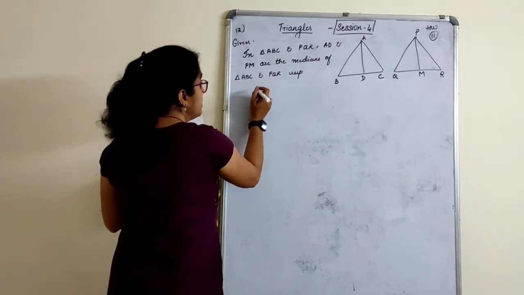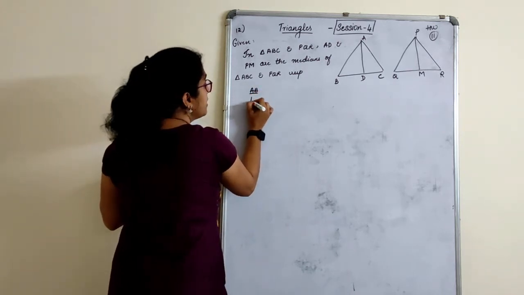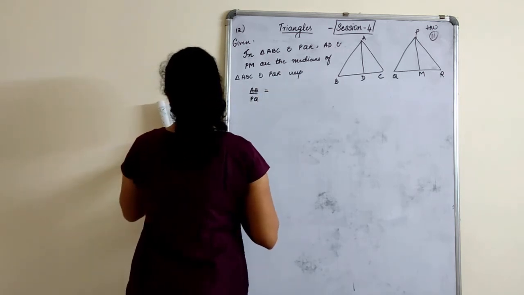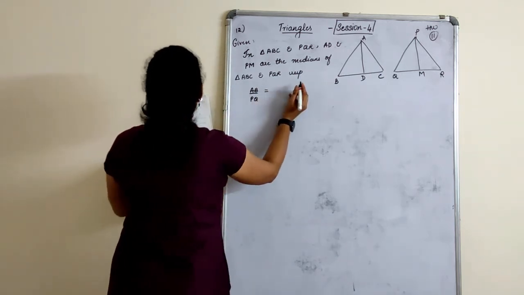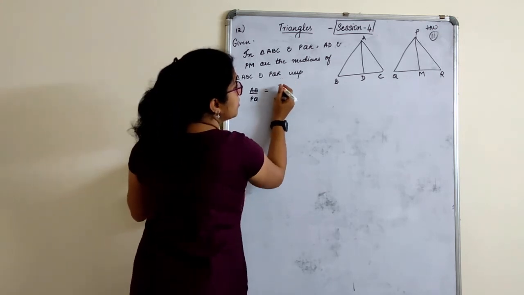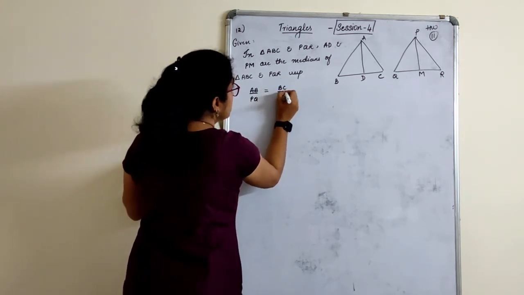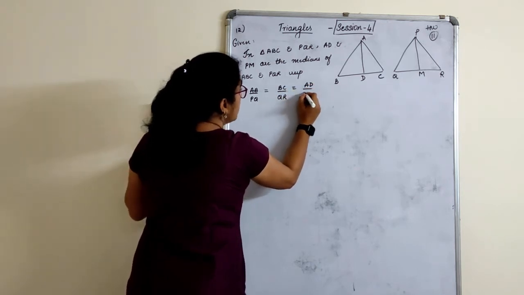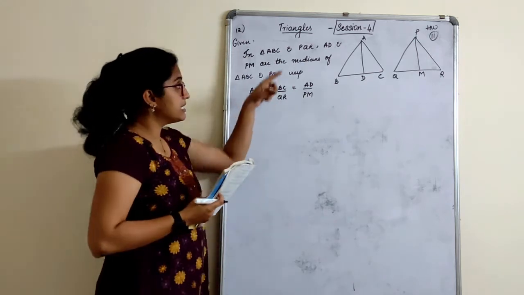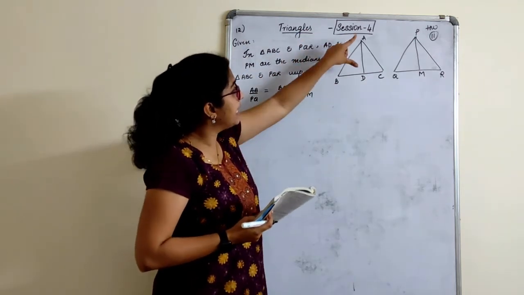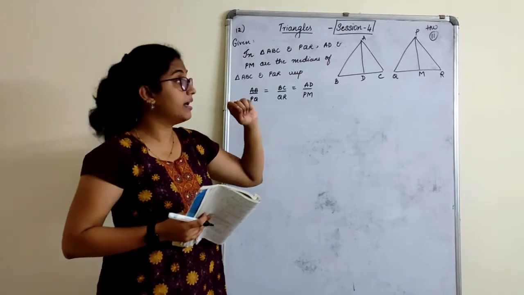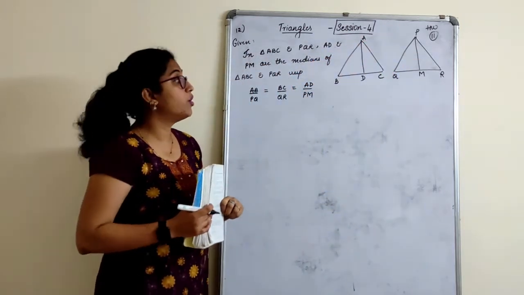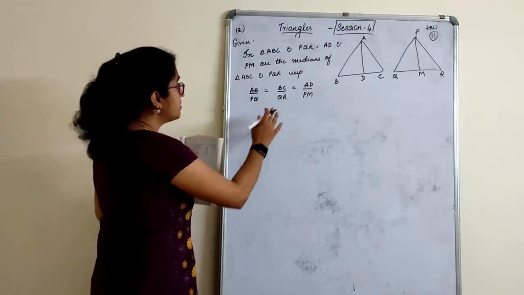Next, what they have given: side AB of a triangle to PQ is proportional to which side? Again they have given BC to QR, that is equal to AD upon PM. So the sides AB, BC and AD, median of a triangle, are proportional to sides PQ, QR and median PM of a triangle respectively. They have given this much.